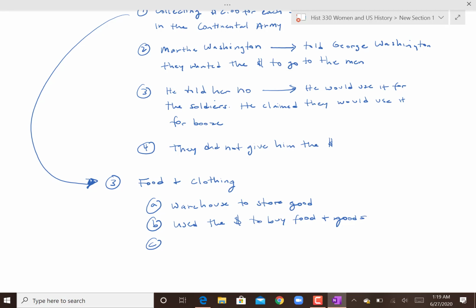You were expected to pay for your own food. You were expected to pay for additional uniforms and clothing. None of that was provided. Like later militaries had their own supply chains and provided for the soldiers. But during the Revolutionary War, the Continental Army, they had to do that.